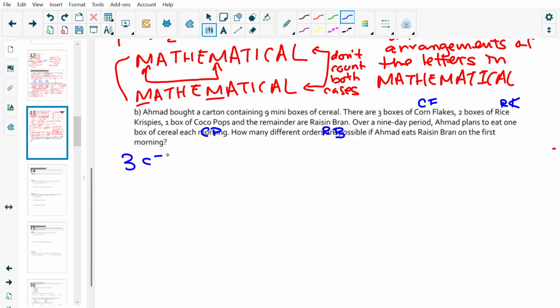Okay, there are 3 CFs, cornflakes, 2 Rice Krispies, 1 box of Cocoa Pops, CP, and the remainder are Raisin Bran. So 3 plus 2 plus 1 is 6, remainder, so 3 have to be RB Raisin Bran. Okay, so there are a total of 9 boxes.